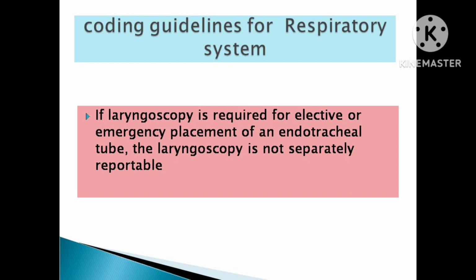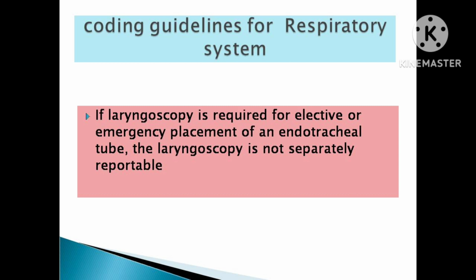If the laryngoscopy is required for elective or emergency placement of an endotracheal tube, laryngoscopy is not separately reportable. Sometimes the doctor may do the placement of an endotracheal tube. To place that endotracheal tube, the doctor may do the laryngoscopy to access the site. So for that reason also, laryngoscopy we cannot bill with the endotracheal tube.